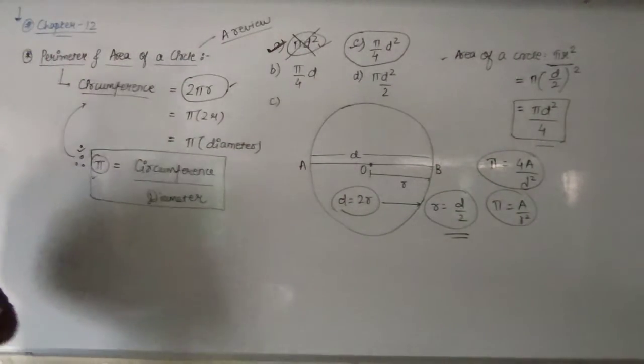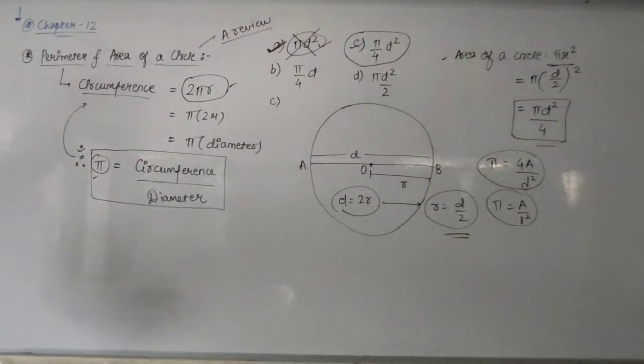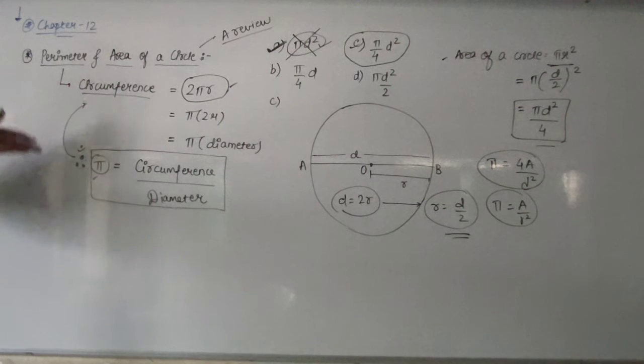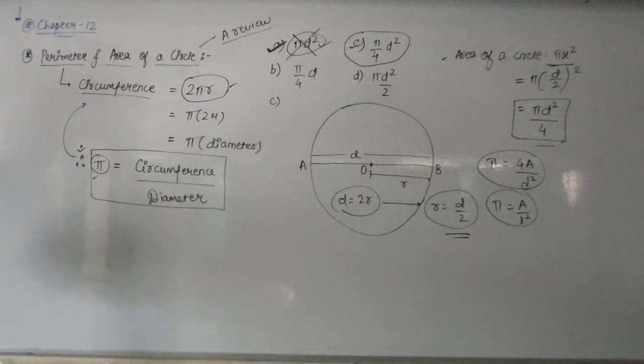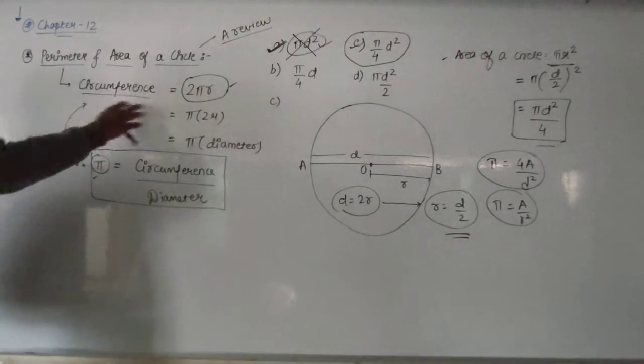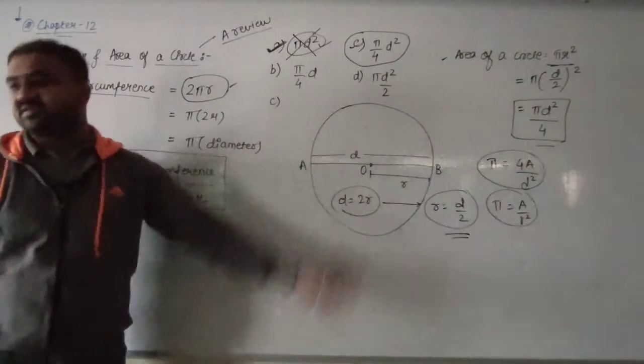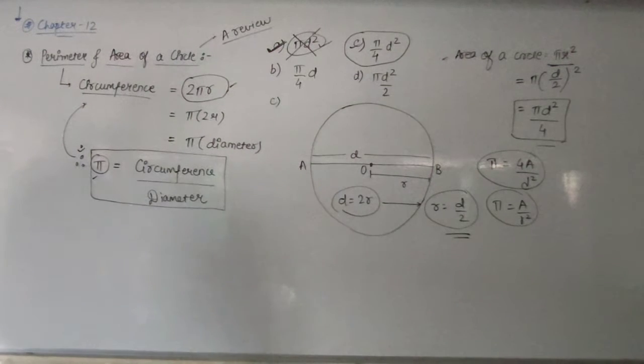Perimeter and area of the circle, how it can be found out. We have reviewed circumference or perimeter as 2 pi r and area of the circle as pi r square.